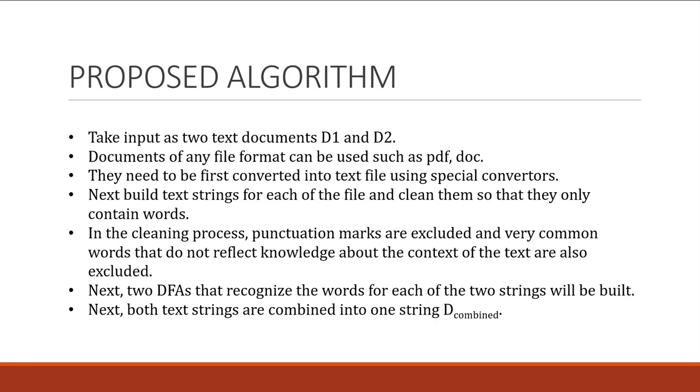In the cleaning process, punctuation marks are excluded and very common words that do not reflect knowledge about the context are also removed. Next, two DFAs that recognize the words for each of the two strings will be built. And after that, both text strings are combined into one string, D combined.